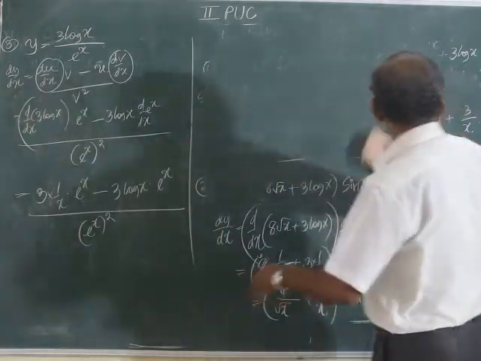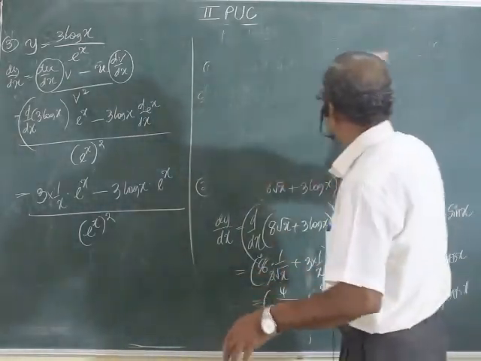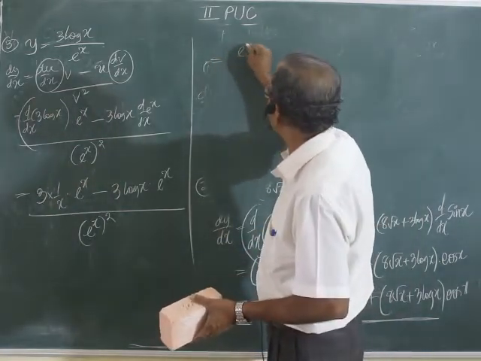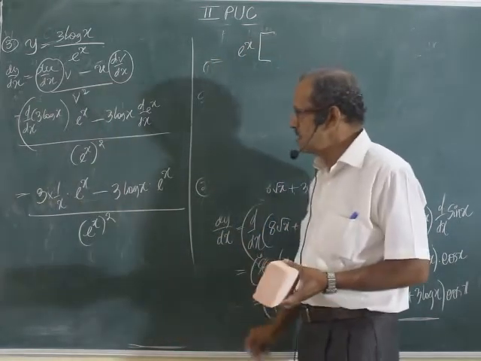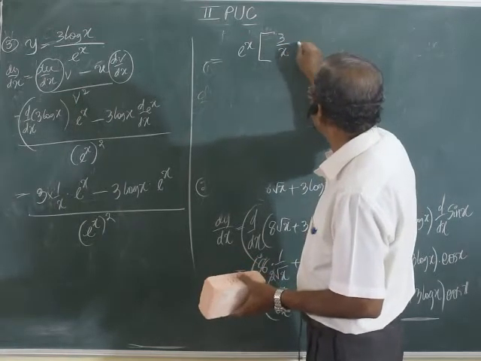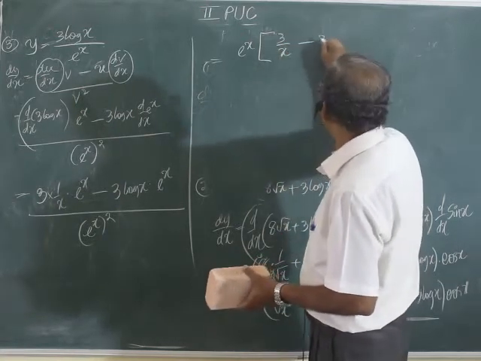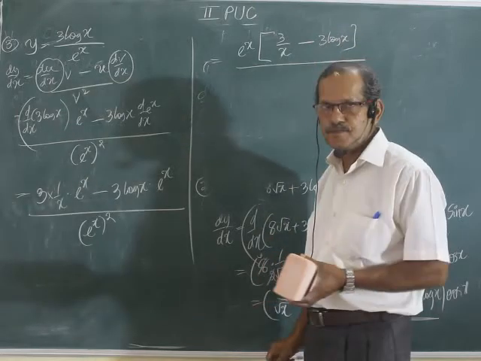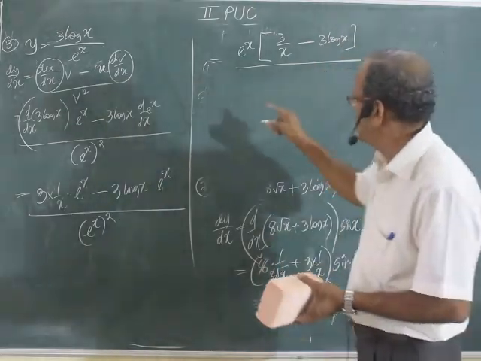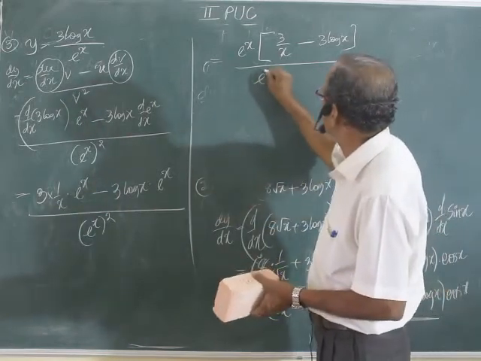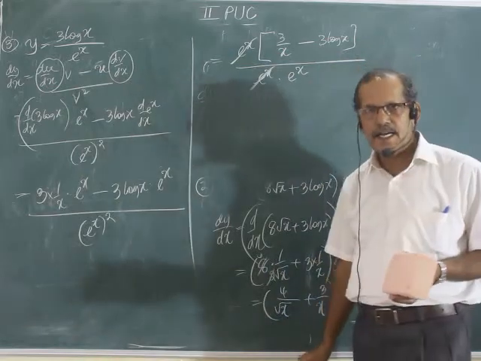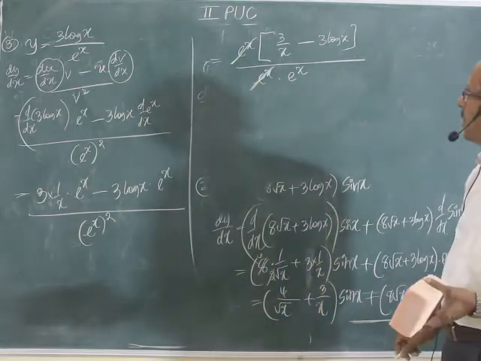Right? Simplification, yes, we can do that because e to the power x from the numerator can be removed outside. So you get 3 by x here minus 3 log x divided by e to the power x whole square, which means I can write it 2 times. So that cancellation must be understood clearly.